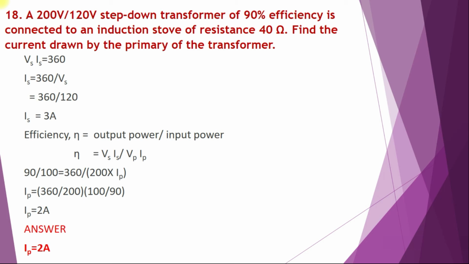Now substituting all those values, 90 divided by 100 is equal to 360 divided by 200 into Ip. So from this equation we can get the value of Ip, which is equal to 360 divided by 200 into 100 divided by 90, which is equal to 2 ampere. So the answer is the current through the primary is 2 ampere.